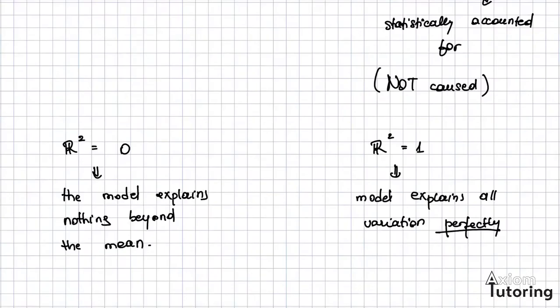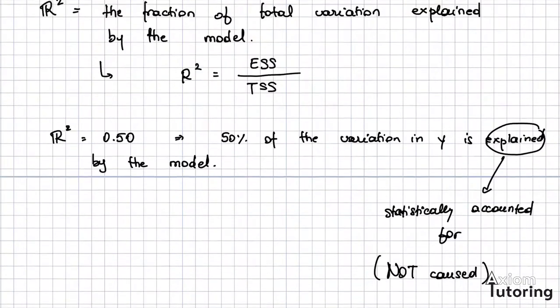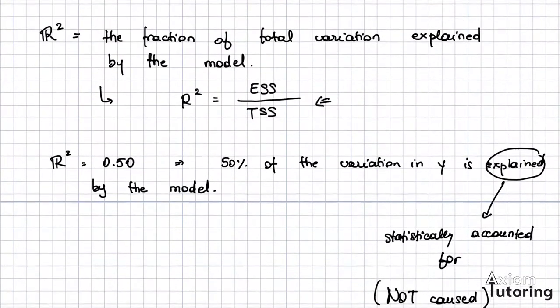So, see, I'm saying perfectly. From here, you understand why you have to start to be a little bit wary if you see that in your actual studies. Most of the models that you will see will lie somewhere in between this 0 and 1. And keep in mind, r squared cannot be bigger than 1. The reason for that can be related right back to this formula.